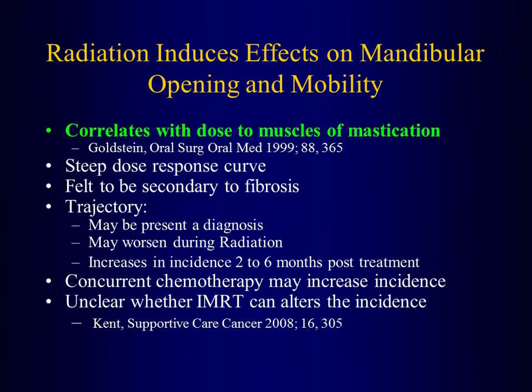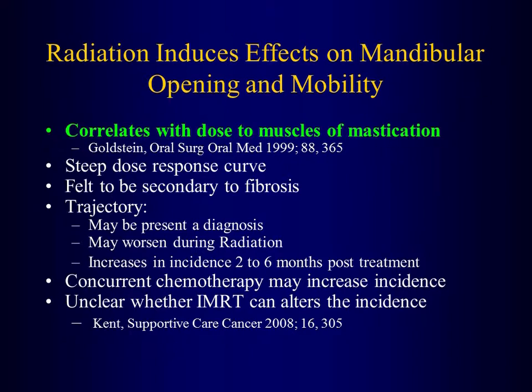We know that when we're treating patients with primary radiation therapy, there is a strong correlation between the radiation dose to the muscles of mastication and the development of trismus. And with this epidemic of oropharyngeal tumors, many of which are being treated with radiation, we're seeing an epidemic of trismus.